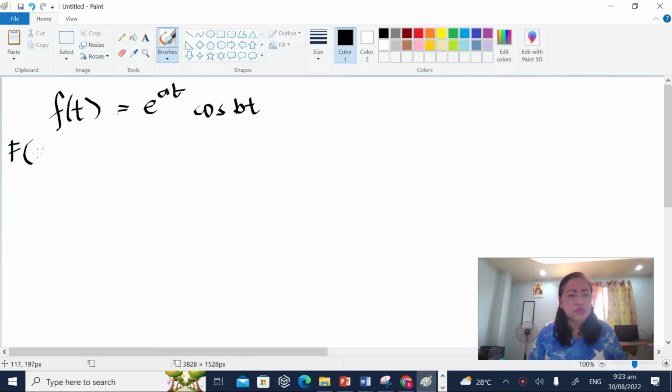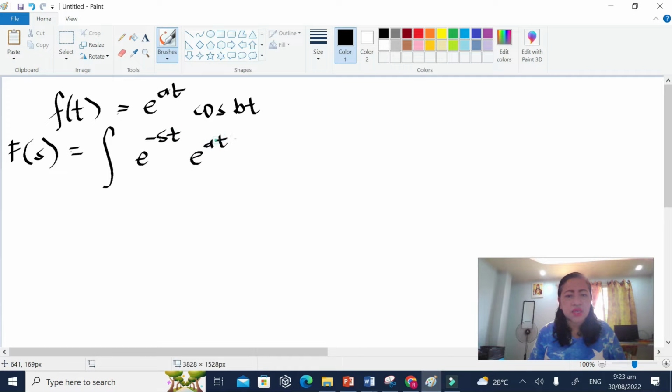To solve for it, we have F of s, using the definition: the integral of e to the negative st times the function of t, which is e to the at cosine of bt dt, evaluated from 0 to infinity.